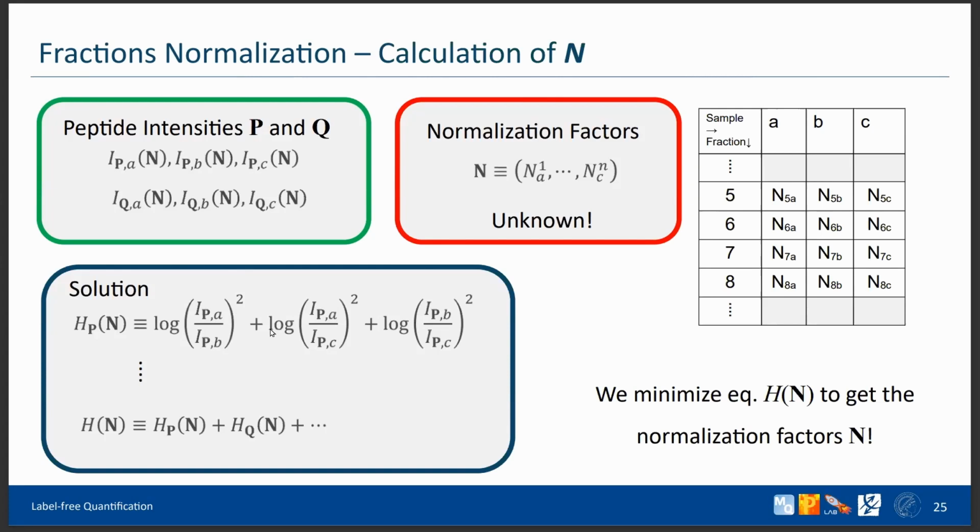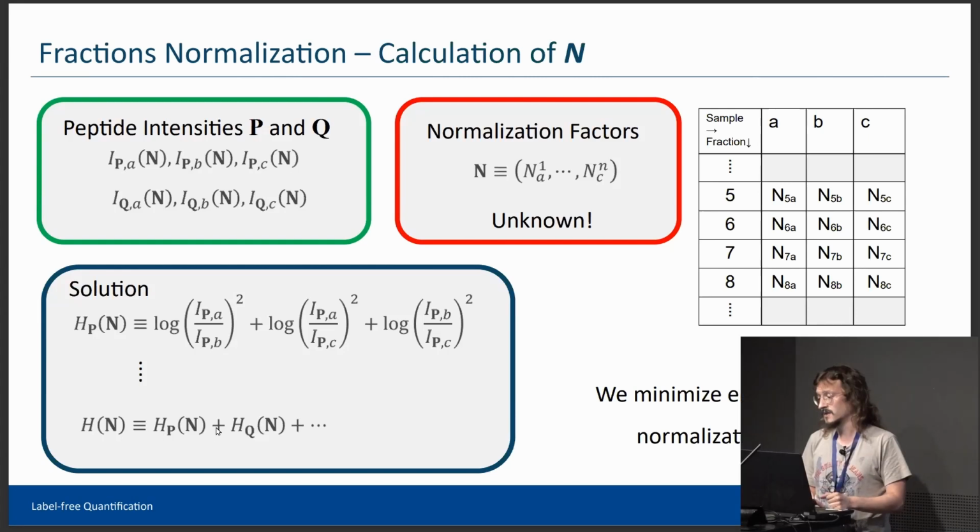As you can imagine, there is a lot of calculation to do. Once you've done this, you will have your normalization factor for peptide P. And then, for the total normalization factor, you take all the normalization factors that have been calculated for all the peptides, and you minimize the function, and then you get the result.